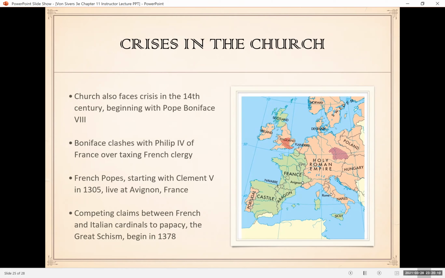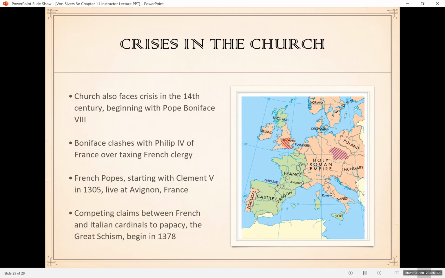There will be clashes with the Pope in Rome and the King of France over the King of France wanting to put taxes on the clergy, and on the whole investiture controversy. The King of France wants to put his people in place as bishops. And it will come to a head in 1305 when we will have had a pope.